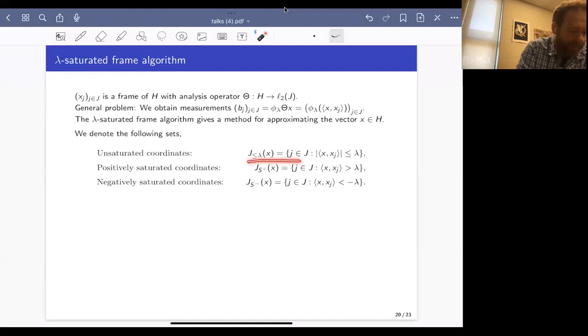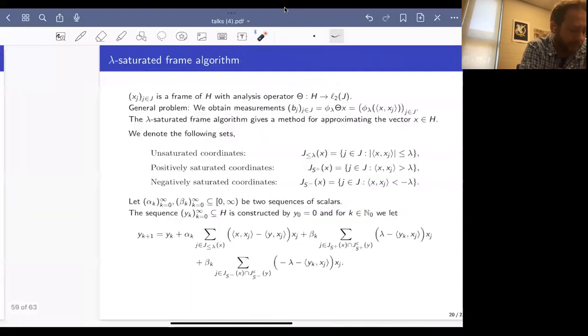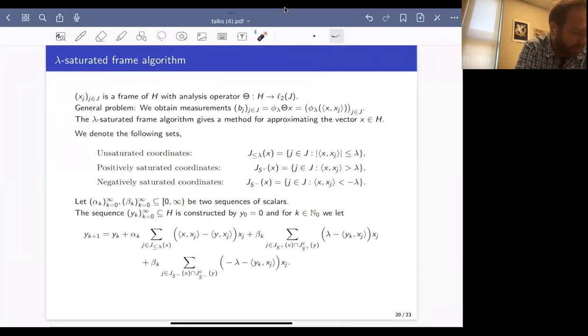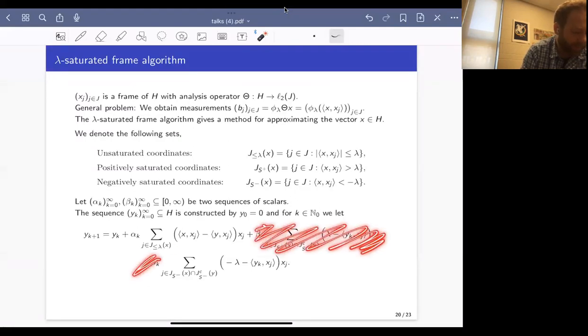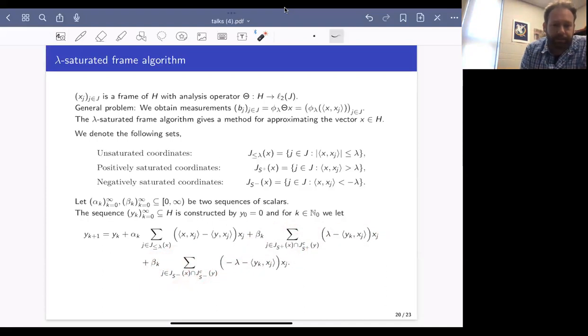And I'm going to label these as the unsaturated frame coordinates. And then we can look at the positively saturated coordinates and the negatively saturated coordinates. Now we can pick some weights and try to do the frame algorithm. If I forget about the saturated coordinates and just look at this, this is just the normal frame algorithm on the unsaturated coordinates.